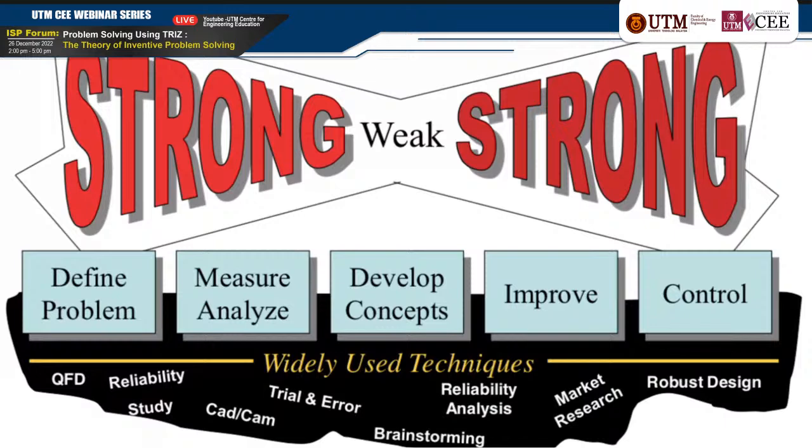So from the slide, you can see that we have a very strong element in defining the problem and measurement. We also have a lot of strong influence in control, but we have a very weak point in terms of developing effective ideas, impactful ideas, and ideas that are able to solve the problem effectively.